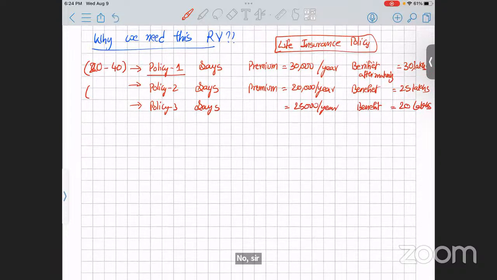This policy is only given to 20 to 40, and this policy is only given to 20 to 30 years, and this policy is only given to 40 to 50 years.